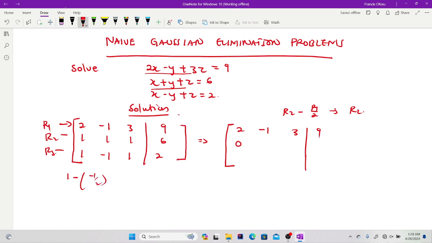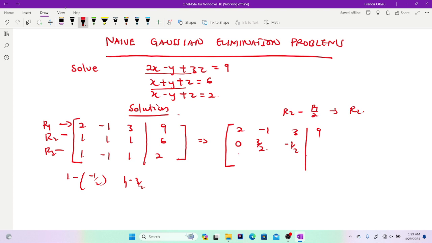So 1 plus half, which is 3 over 2. Then finally 1 minus 3 on 2. So if you have 1 minus 1.5, you're getting negative 0.5, so negative half. Then this is for this entry.